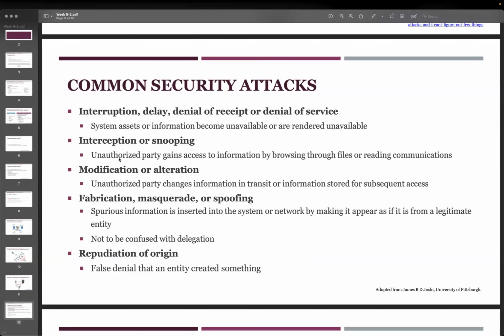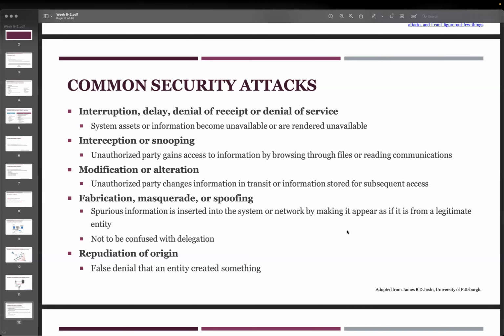The second one is interception or snooping, which lets some unauthorized party gain access to information, by browsing through files or reading communication. Then there is modification or alteration, where they change the information in transit, or information stored for subsequent access. And then the fabrication, masquerade, or spoofing.